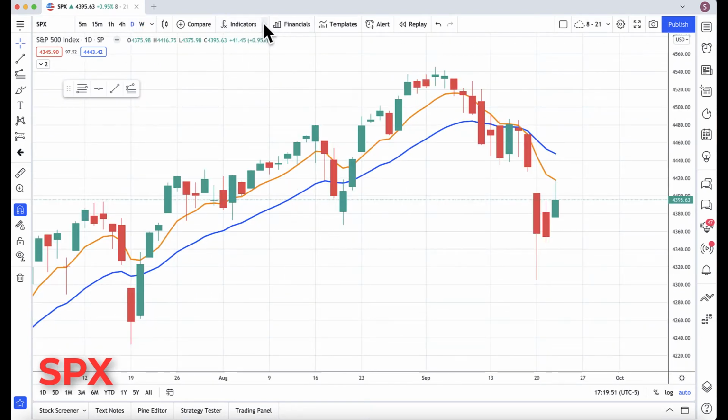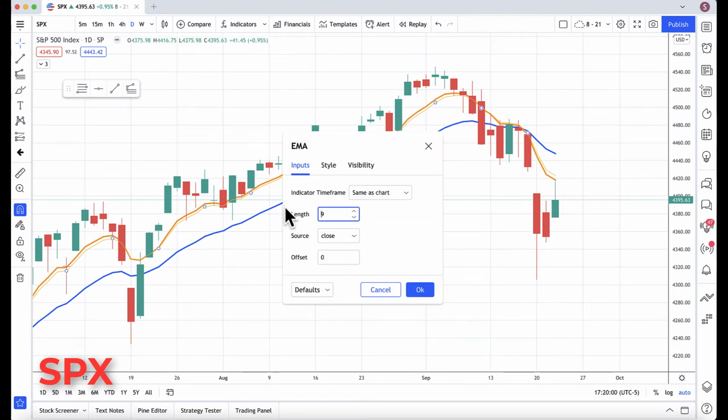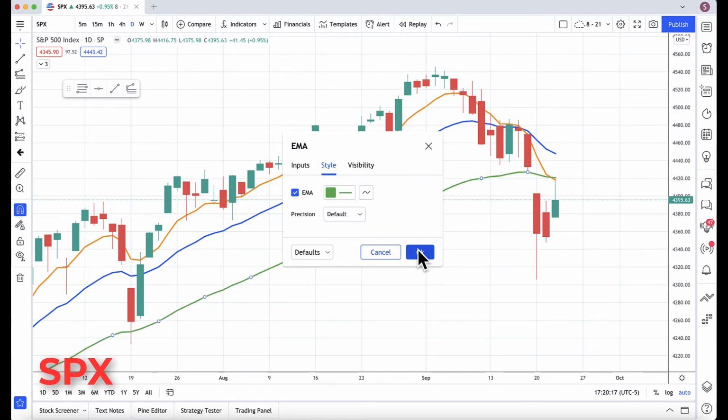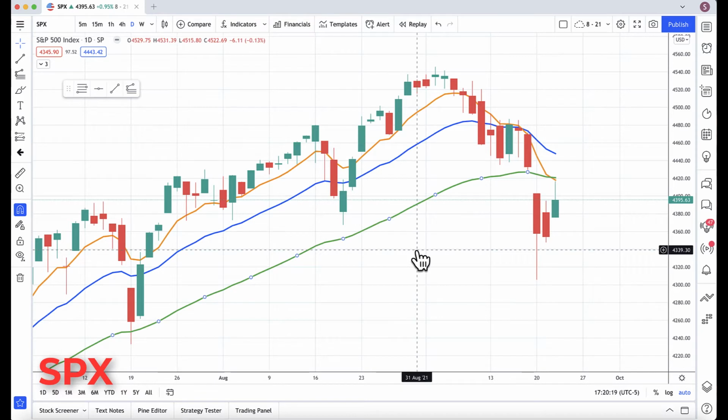Next moving average that you'll see on my charts is the 50 exponential, the 50 period exponential, which is always, I use green. And I would recommend keeping your colors consistent, because then you can immediately glance at any chart and you'll know what the moving averages are, whatever market I do, whether it's cryptos, futures, or stocks.